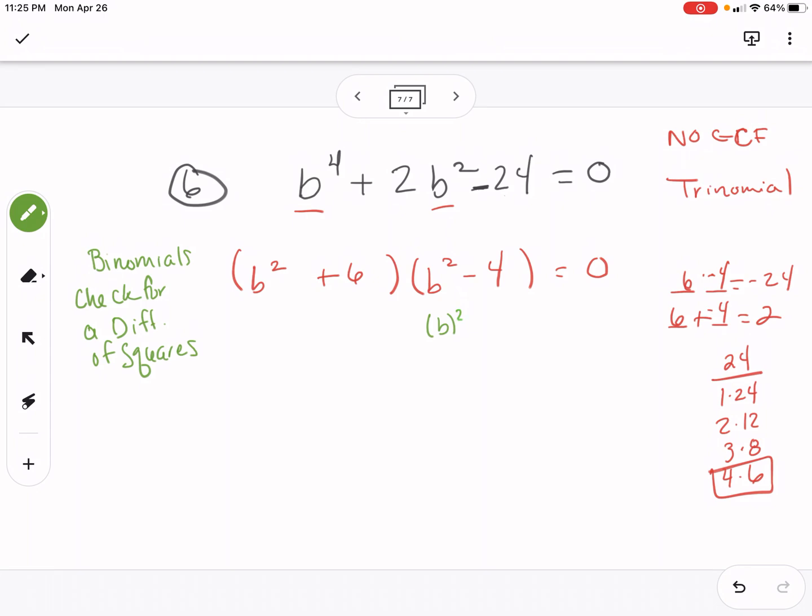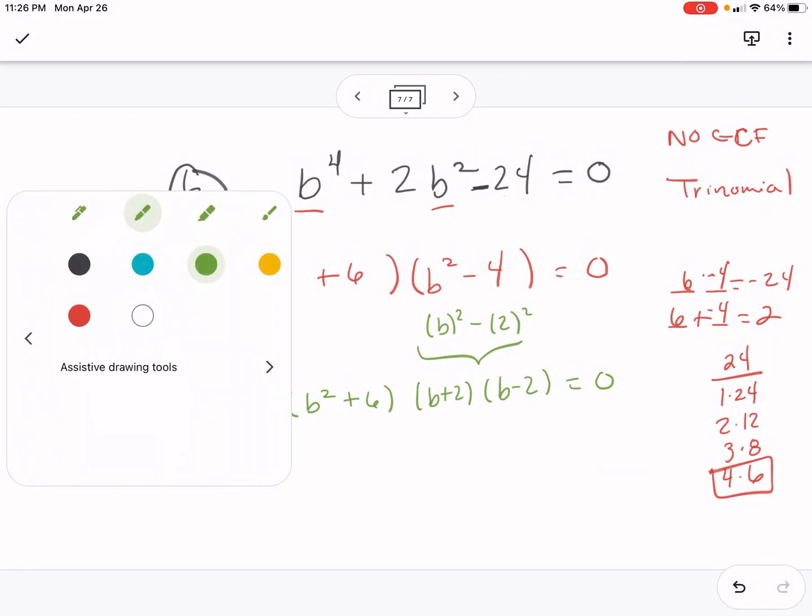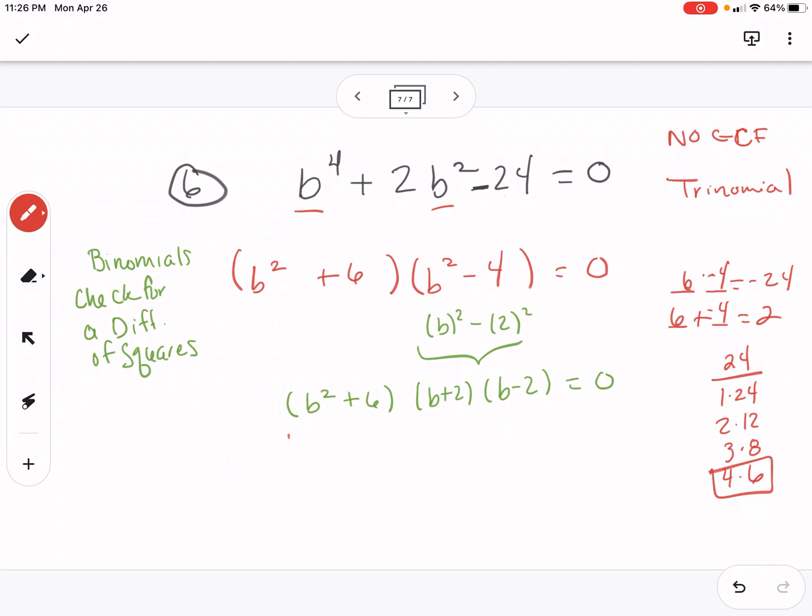So I'm going to check if I can rewrite those as the subtraction of 2 squares. 4 is 2 squared, so this works. So it is a difference of squares. So my factors would be b plus 2 and b minus 2. The original factor from the front, b squared plus 6, I'm just going to bring down. So now we're done factoring. We factored it as much as possible. Our next step is to set each factor equal to 0 and solve.